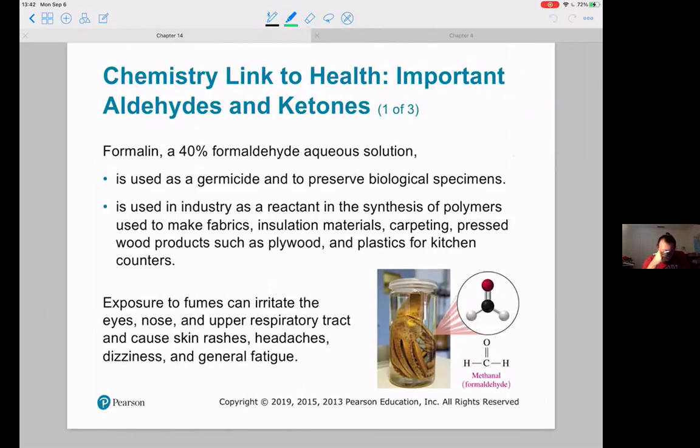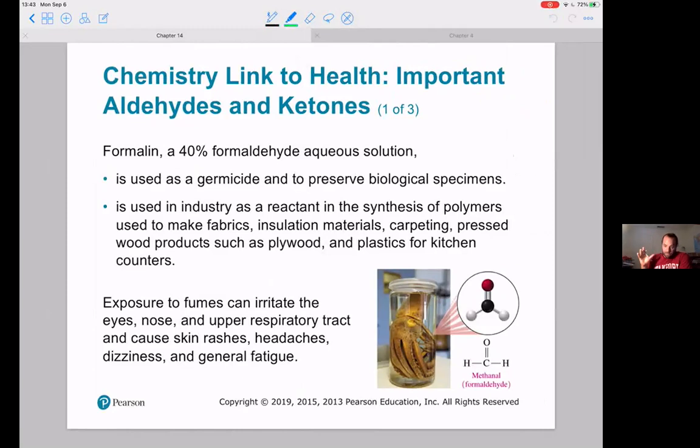Okay, yeah, so as we said, formaldehyde, which is the common name for methanal, the smallest possible aldehyde, is very famous for being widely used to preserve biological specimens. It turns out that biological tissue, like the ones that we have, can last basically forever if it's preserved in formaldehyde.